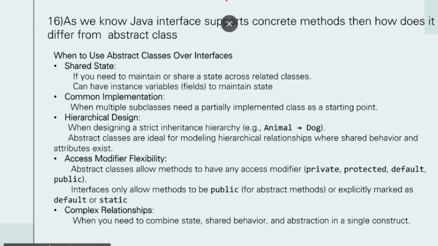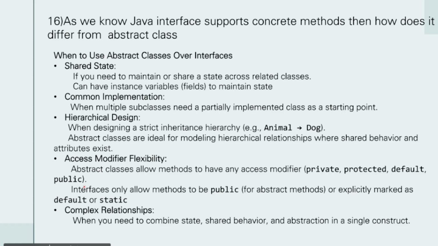As we know, Java interface supports concrete methods, then how does it differ from abstract class? And remember, from Java 8 version, interfaces support default and static concrete methods. And from Java 9 version, interfaces support private concrete methods, right?